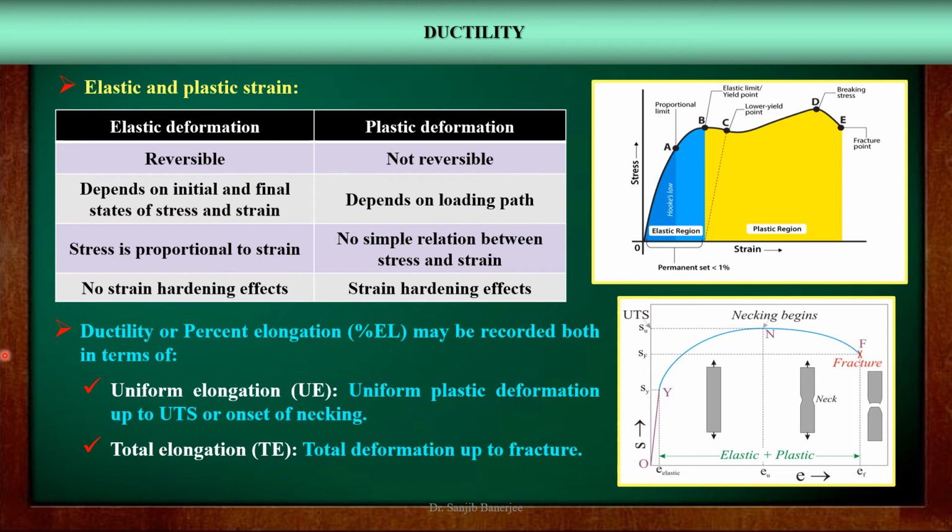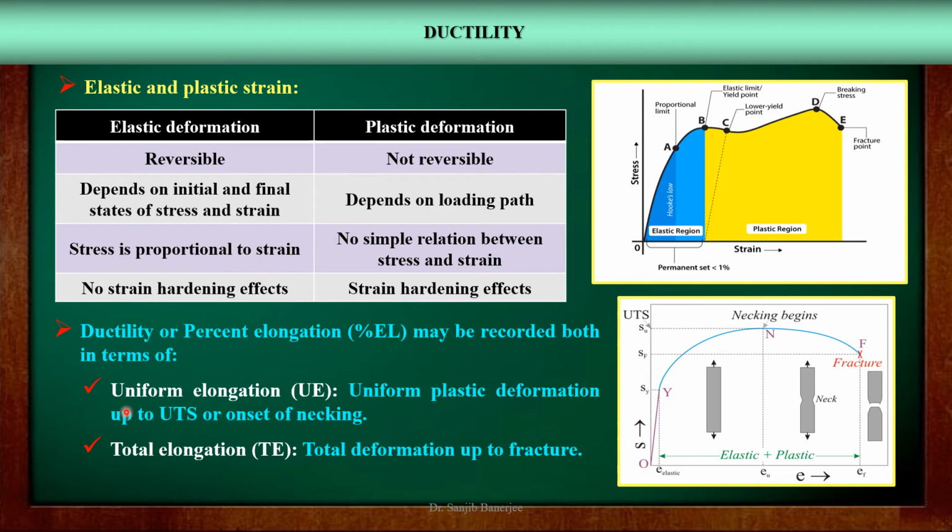Now, we have learned that ductility of a material can be represented by both the parameters of percentage elongation in length or percentage reduction in area. The percent elongation may again be recorded both in terms of uniform elongation and total elongation.